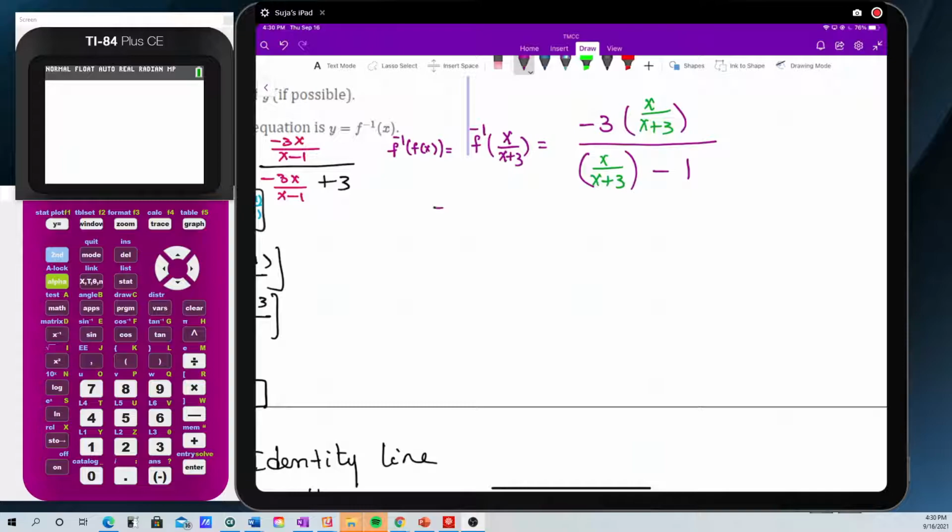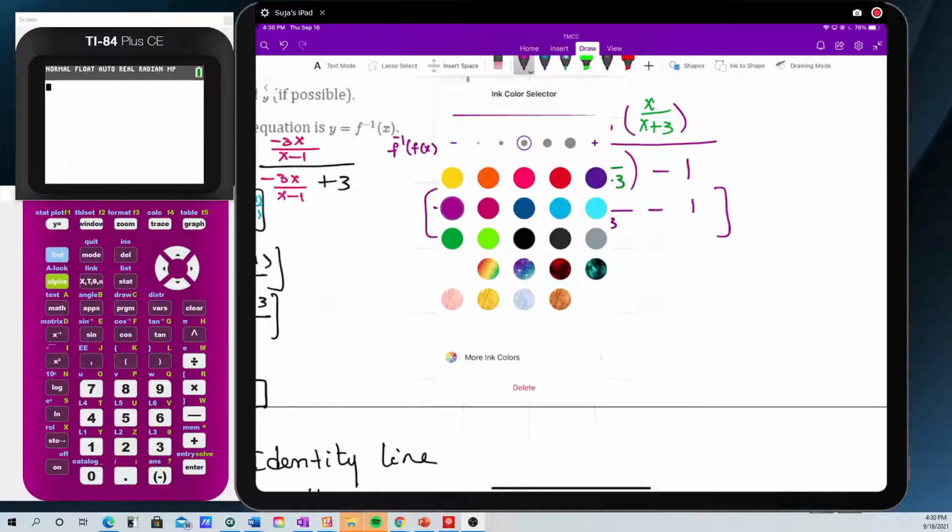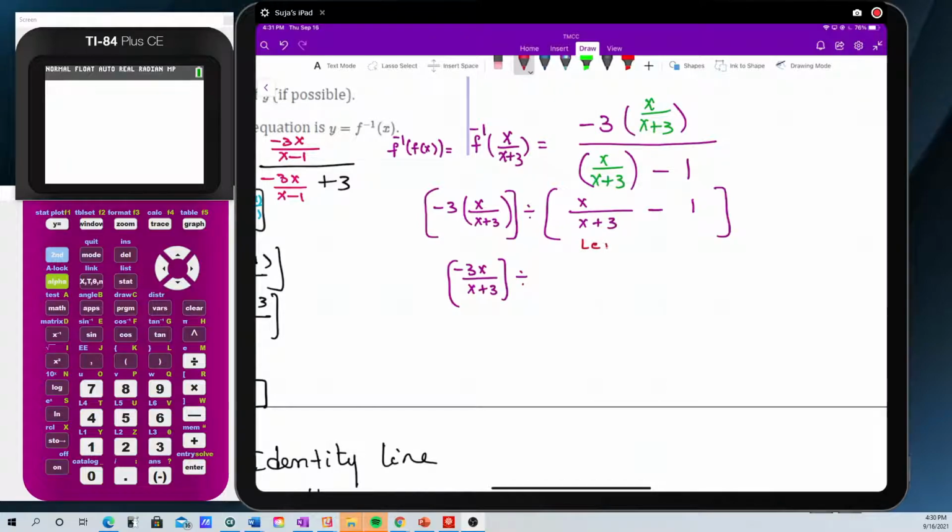So negative 3x over x plus 3 divided by x over x plus 3 minus 1. The first one is a single fraction, so I can write that as negative 3x over x plus 3. But the second one, I need to find what the LCD is. x plus 3. So that tells me I need an x plus 3 to the top and to the bottom.